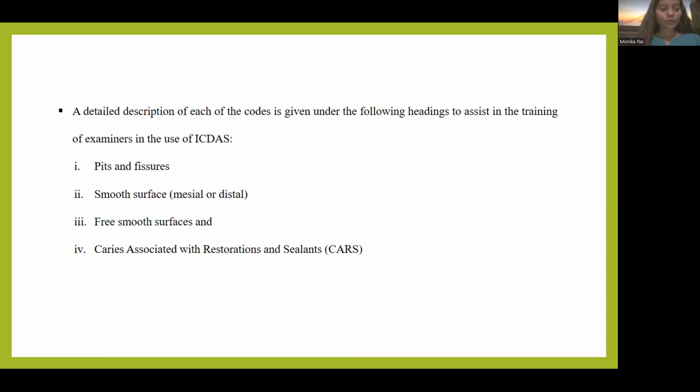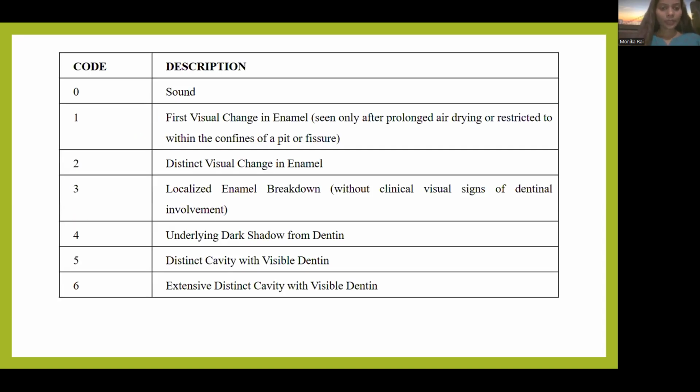This index was developed to bring forward the current understanding of the process of initiation and progression of dental caries to the field of epidemiological and clinical research. One thing we have to remember is that this system allows us to record the severity and incidence of caries in its continuum.